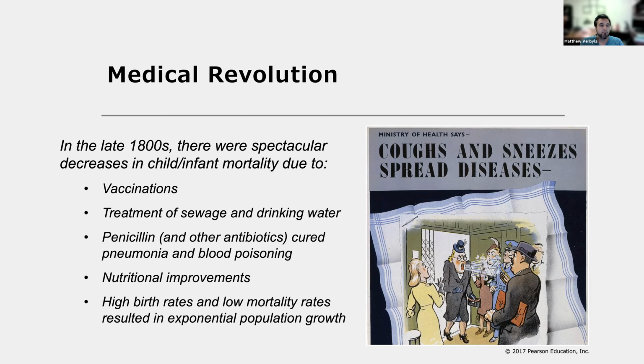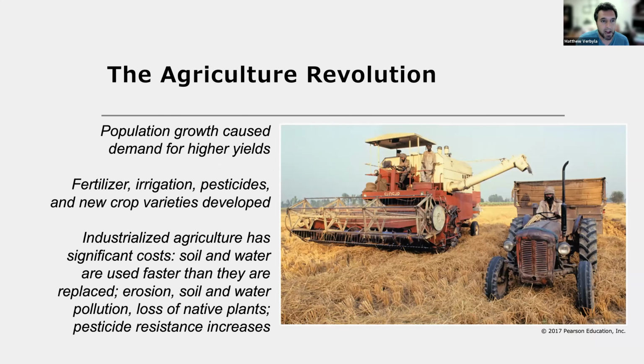That really helped influence this exponential population growth pattern that was experienced. And a lot of these were engineering interventions as well, like the treatment of sewage and drinking water, and engineering influences in the medical field that allowed for this type of population growth. The agricultural revolution, or the green revolution, also influenced human population patterns.